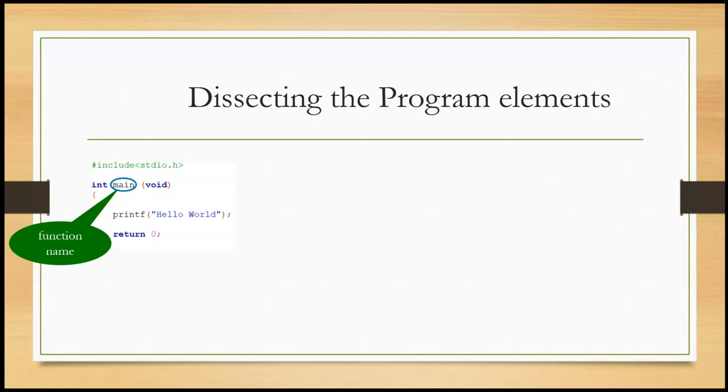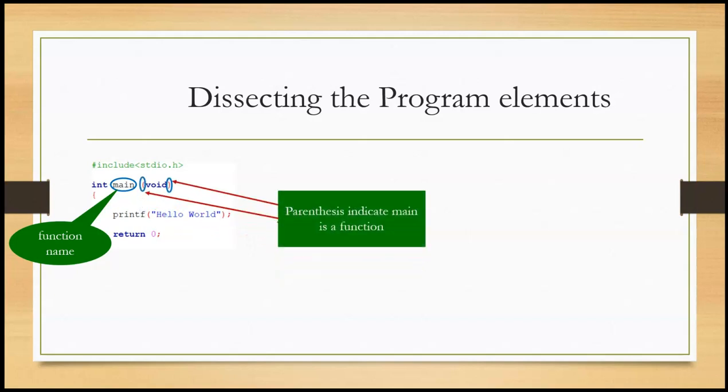Now, as we just discussed, main is the function name and it is followed by a pair of parentheses, and these parentheses indicate that main is a function and not a command. The void inside these parentheses indicates that the function does not take any arguments.